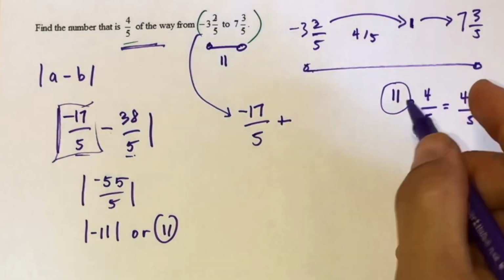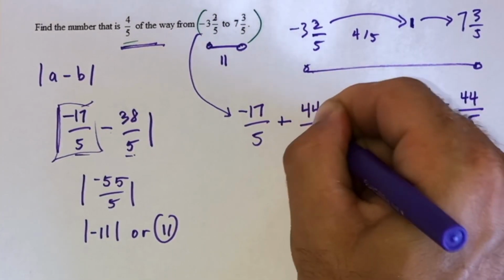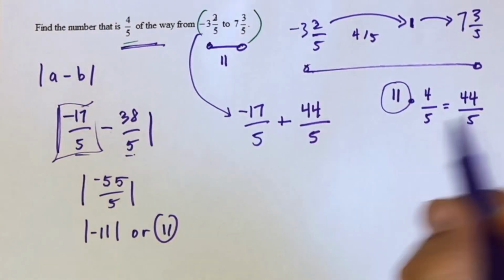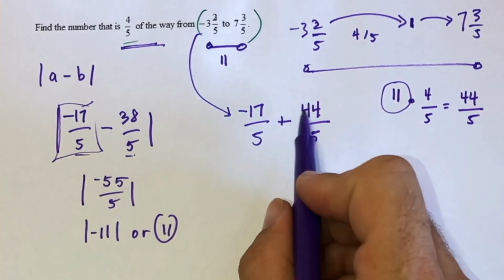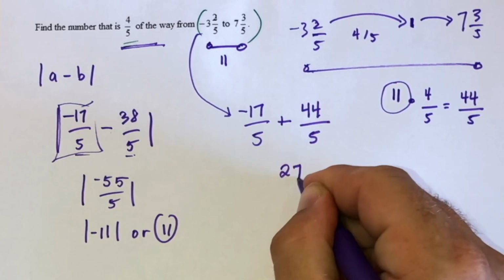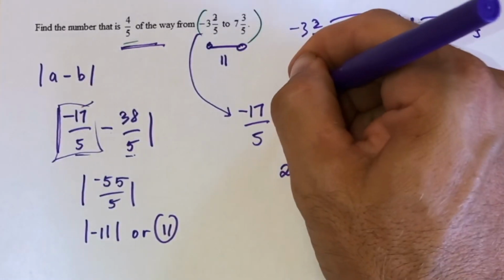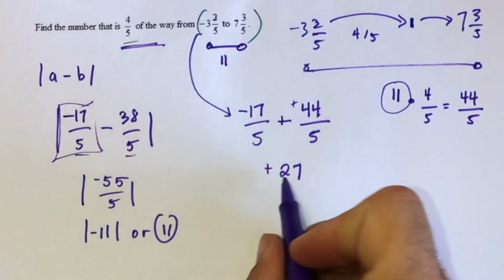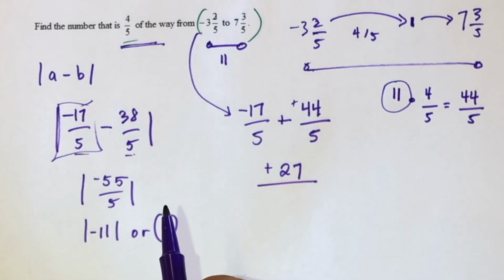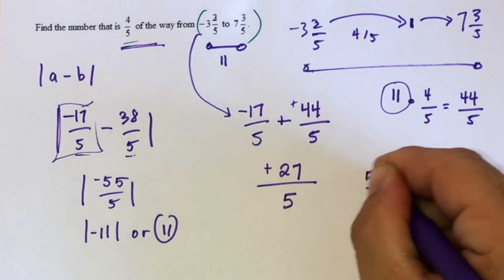So what I'm going to do is add that 44/5 to the negative 17/5. If you have different signs, find the difference, which is 27, and take the sign of the bigger number here, which is positive. So I get 27 over 5. 5 goes into 27 5 times, right?